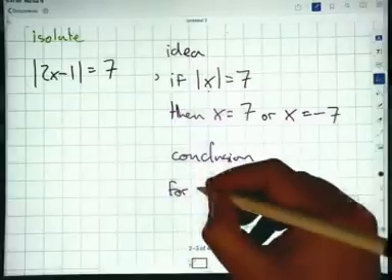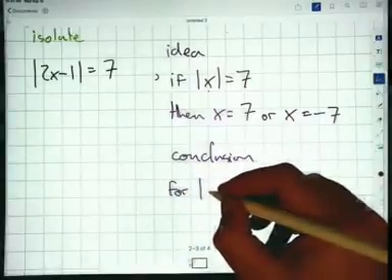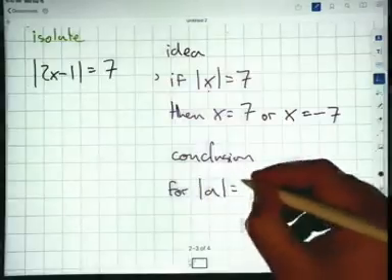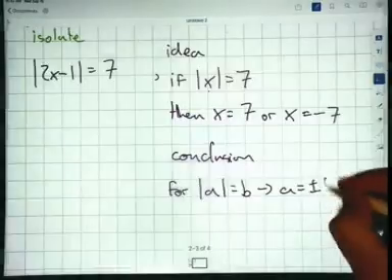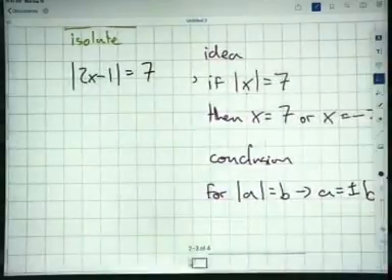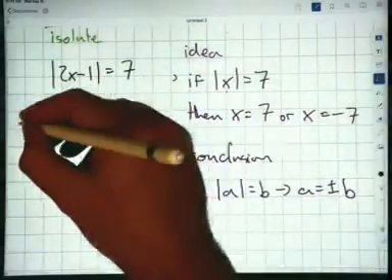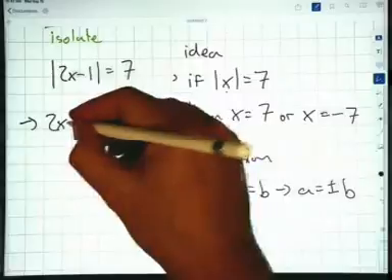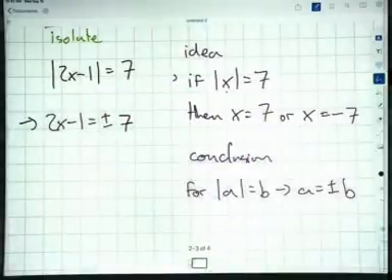For absolute value of A equal to B, A is equal to plus or minus B. So for our statement, the conclusion is that 2x minus 1 is equal to plus or minus 7.